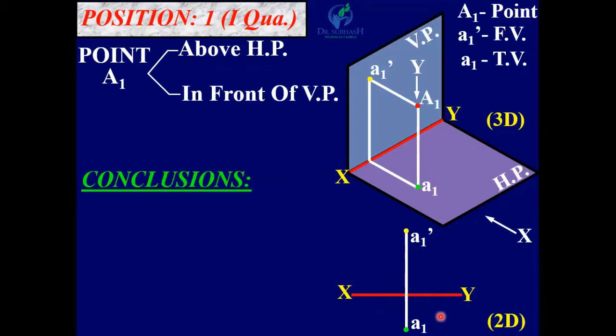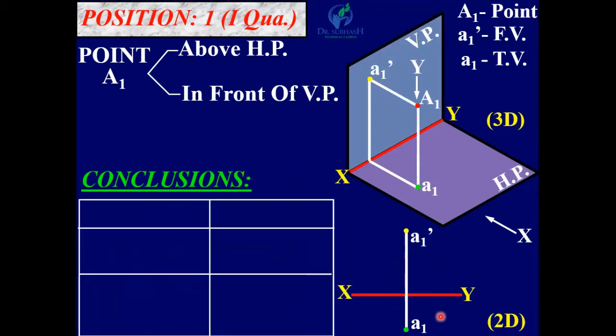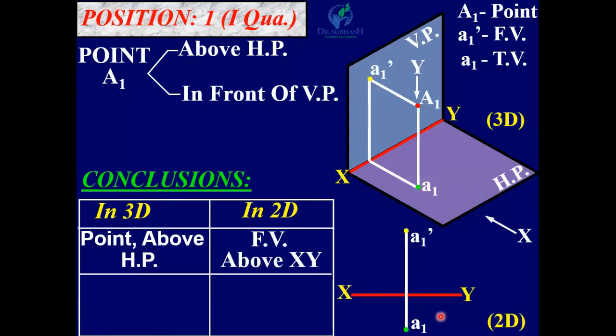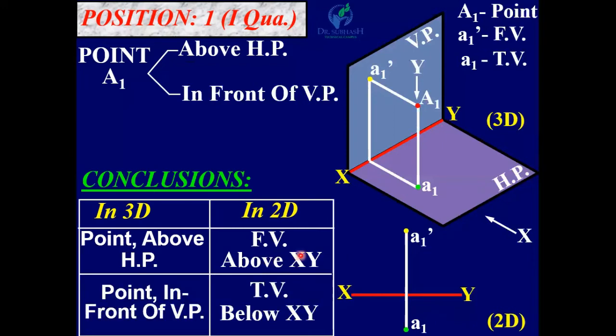Conclusion: if the point is in quadrant 1, in 3D the point is above HP, so the front view is above XY. The point is in front of VP, so the top view is below XY. Remember that if the point is in the first quadrant, the front view is above the XY line and the top view is below the XY line.